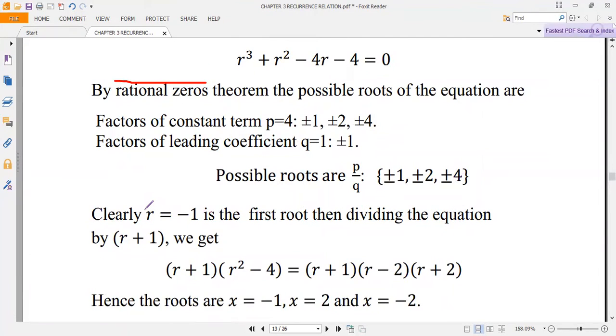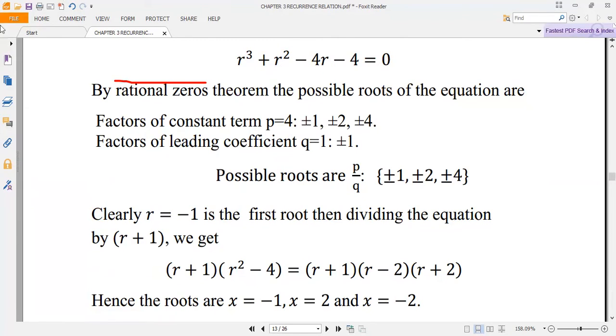By substituting the first one, minus 1: minus 1 to the power of 3 is minus 1, plus minus 1 squared is positive 1, so minus 1 plus 1 cancel, and minus 4 times minus 1 is positive 4, minus 4 cancels, so that it gives 0. Therefore, it's the first root of the characteristic equation.